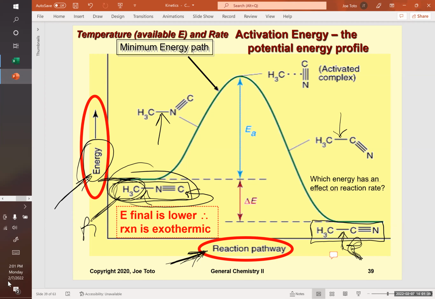Now, the best guess to the transition state structure, or what's also known as the activated complex, that's the geometry right here at the tippy top point.